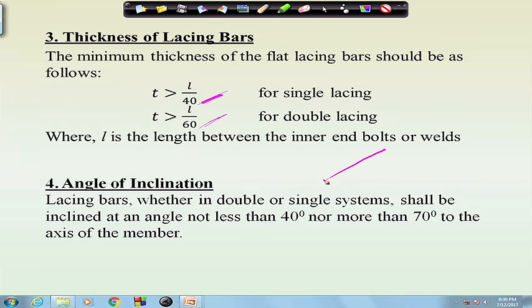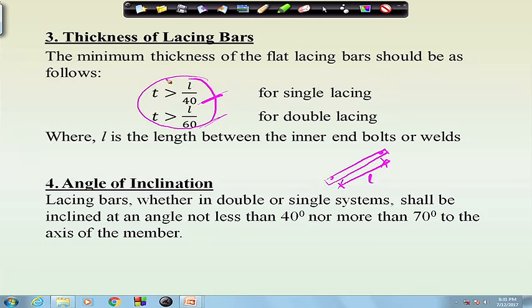That means, if this is the lacing bar and this is the bolt, then this will be the length. So, the minimum thickness of the lacing bar can be found from this criteria. For single lacing it will be L by 40, and for double lacing it will be more than L by 60.